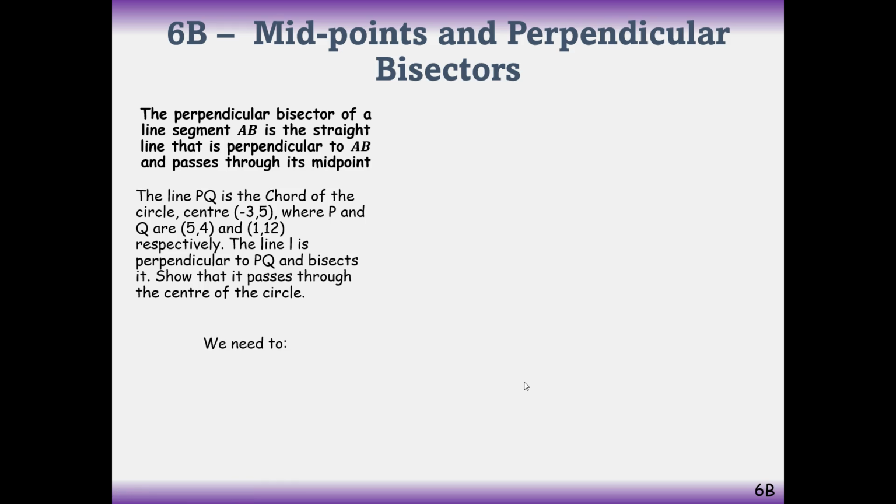In this next question, we've been told that a chord of a circle with center minus 3, 5, where P and Q are such and such respectively. So PQ is a chord. If you're not familiar with the name chord, let's picture it.